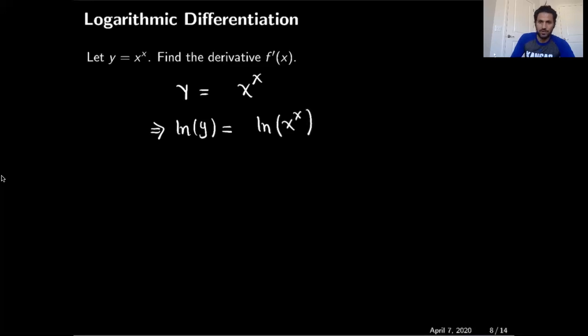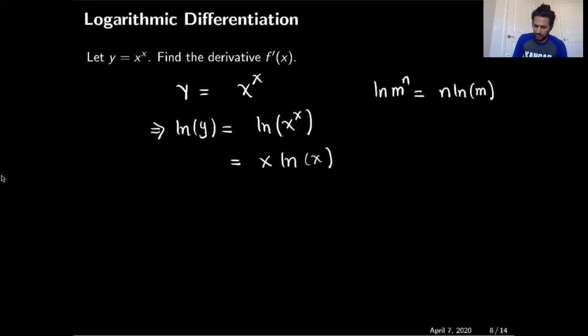Then there is a property of natural log: for natural log of m to the power n, which is called the exponent property, the n can be flipped over in front of the natural log. I will use this property to simplify the right hand side, so this will be x times natural log of x.